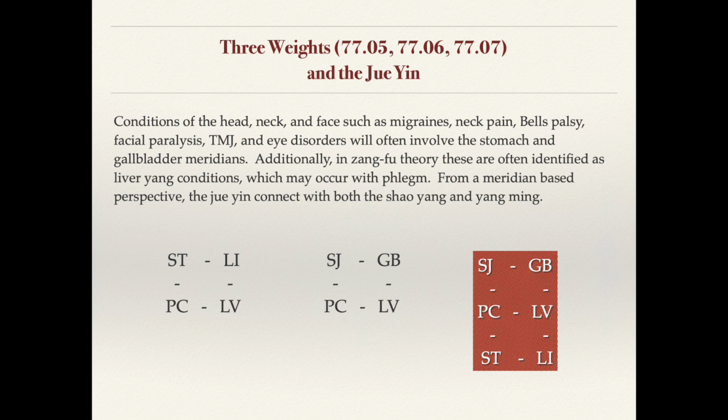This is very common to see when you're working with clients that have conditions in the head or the face, or if they have a neurological condition that's affecting the head or the face.